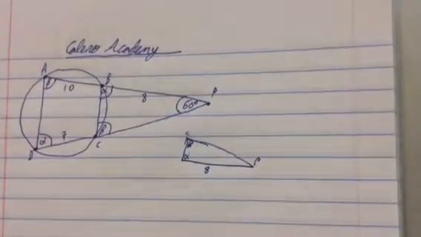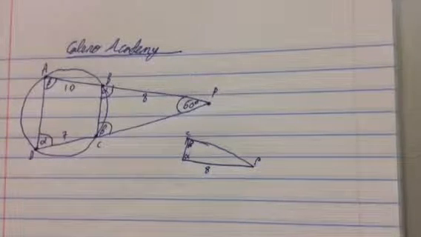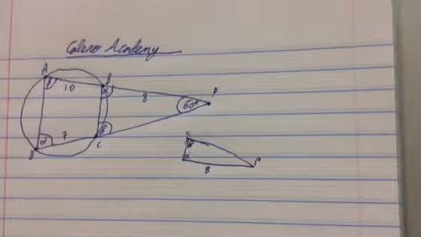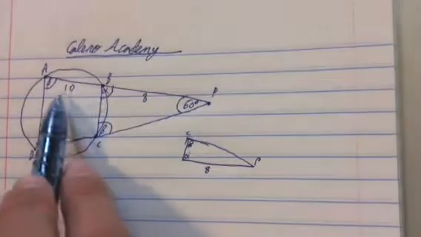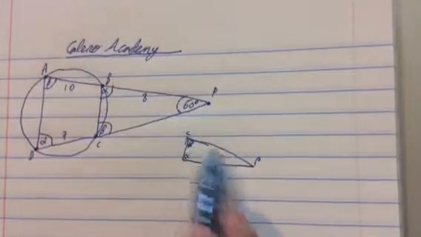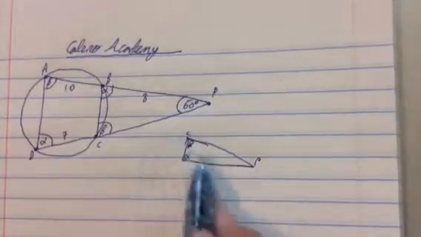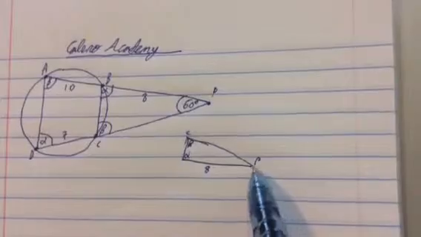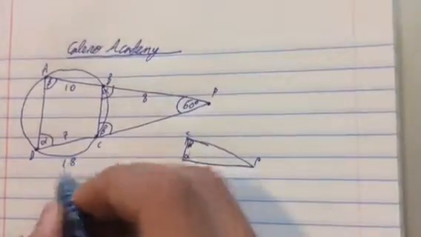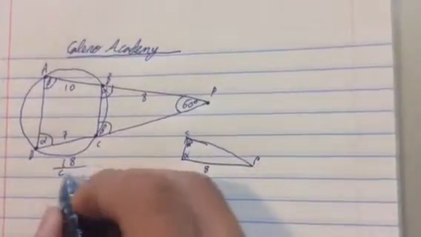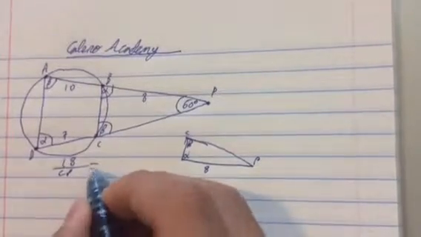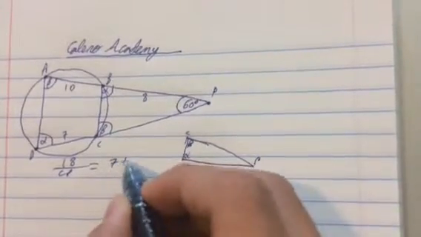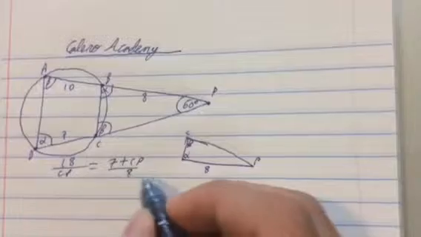So now we can use similar triangles. Now we can use some arithmetic on similar triangles to find CP. This huge side on this side, divided by this side, is equal to this huge side divided by this side. Or that 18 divided by CP is equal to 7 plus CP on 8.